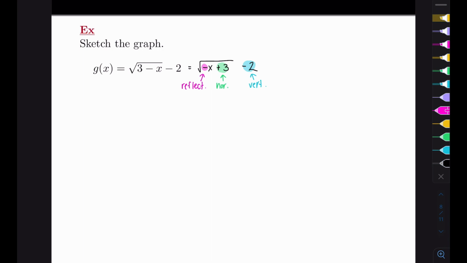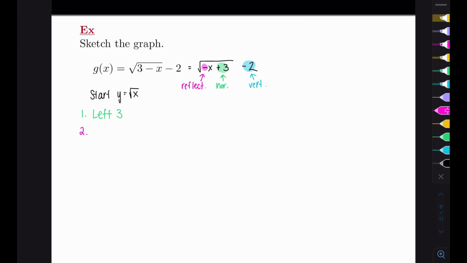Okay. So what we're going to do is we still start with our normal graph, and in this case we're dealing with a square root function. First thing we have to do is that horizontal shift. And so when I have a plus 3, this indicates we shift left 3. Okay. Now we move on to our reflection.